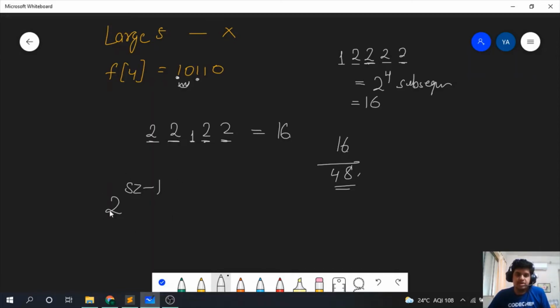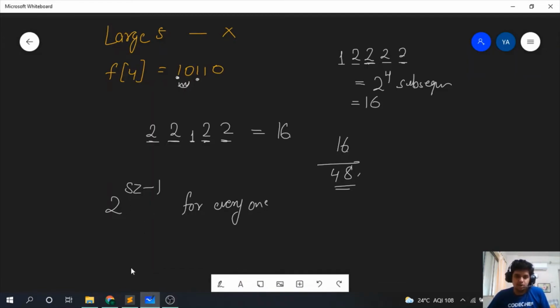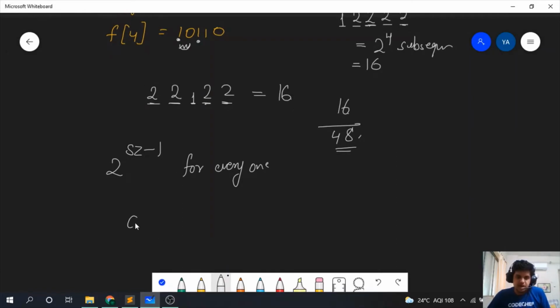So 2 to the power size minus 1 for everyone. So everyone will occur in these many subsequences. So basically the total answer will be equal to number of ones into 2 to the power size minus 1. As simple as that. So basically this is our answer to the question.